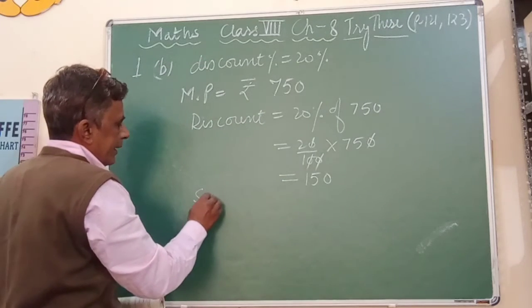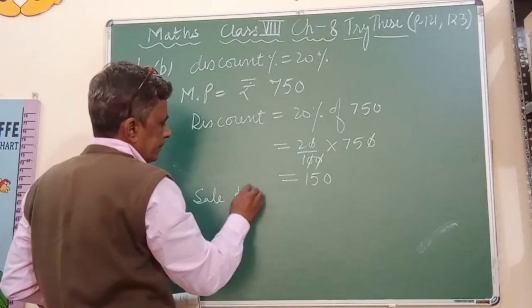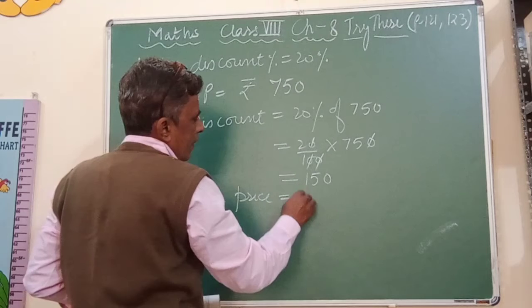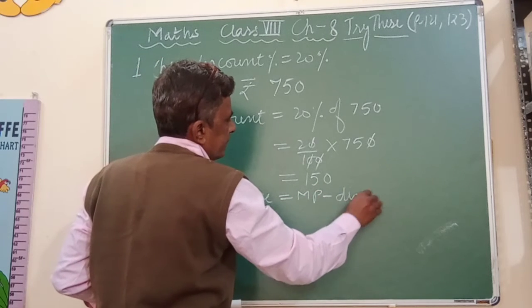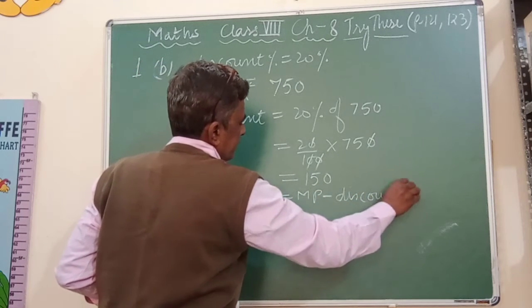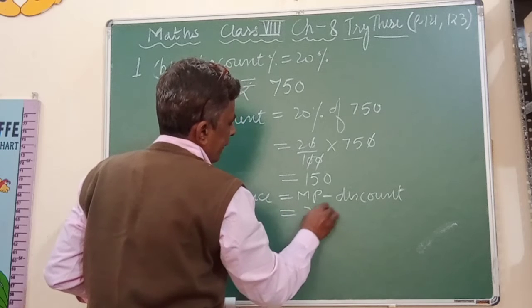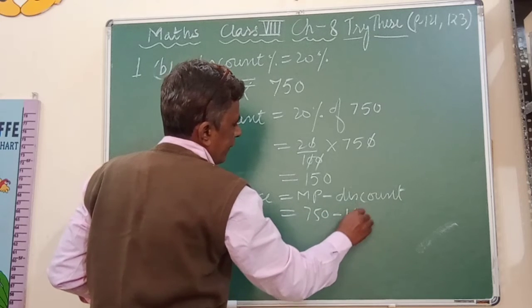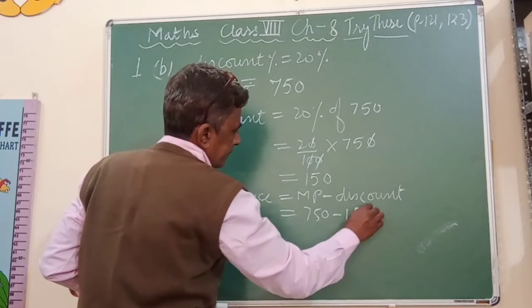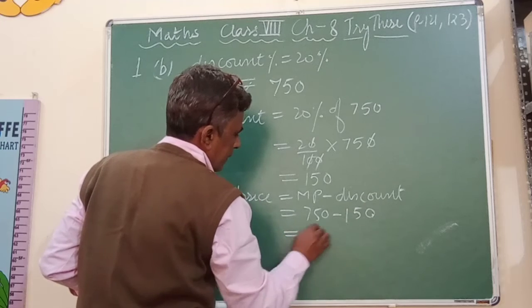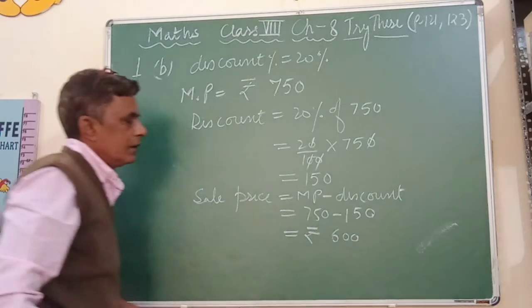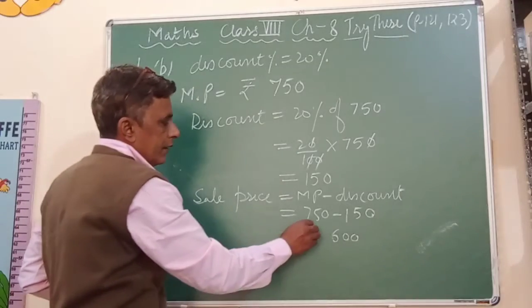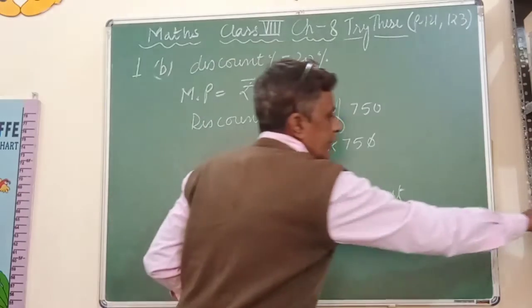Now sale price, MP minus discount, 750 minus 150, rupees 600. This is the answer for the second part of this question.